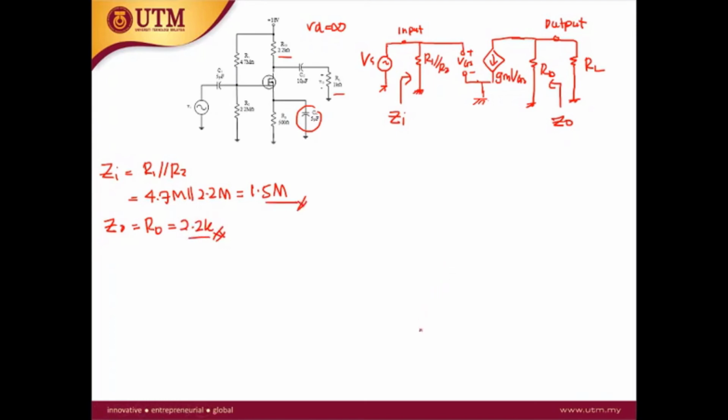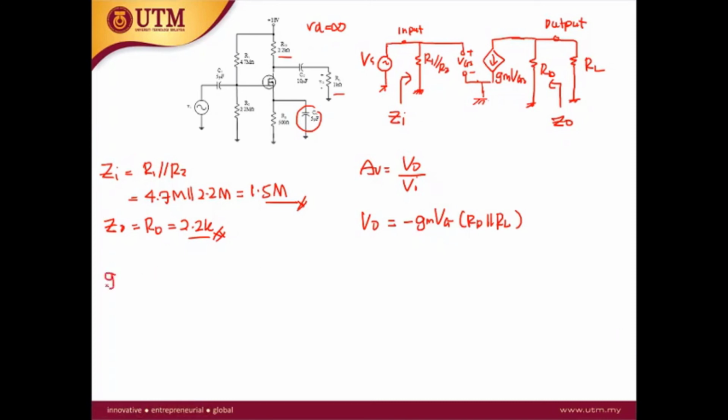For the voltage gain, AV is equal to V out over V in. The V out is equal to minus gm VGS times RD parallel with RL. Actually, I forgot to calculate the gm.